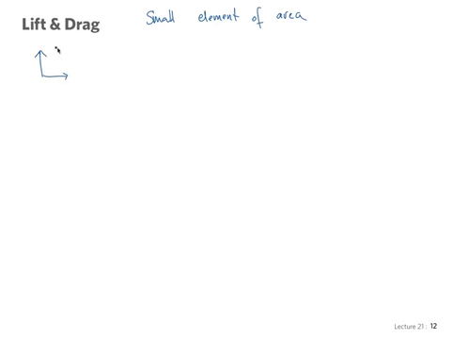So to do that, let's consider a small element of area on an airfoil or wing or object. And suppose that in our reference frame, x and y, we have a velocity in the x direction. Let's call it v. And we have some element of area. Just going to draw the element of area here.